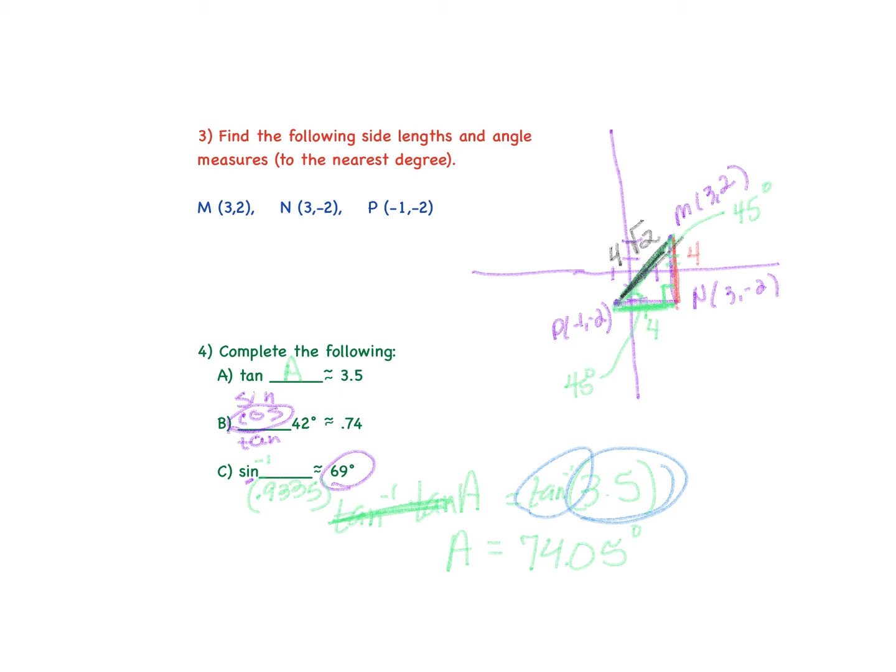So remember that sine cancels out inverse sine, and inverse sine cancels out sine. So you can do it both ways. So in this case, if I take the sine of both sides, it cancels that out, and it leaves me with my answer. All right? So those are just some interesting ways to take a look at sine and cosine.